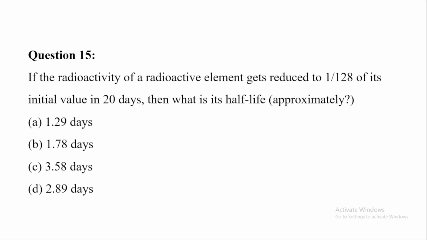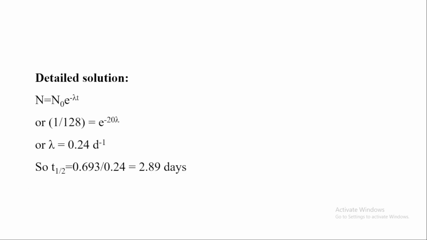So the ratio is given as 1 by 128. N by n0 is equal to e raised to the power of minus lambda t, and t is given as 20 days. Let's see how we'll solve this.